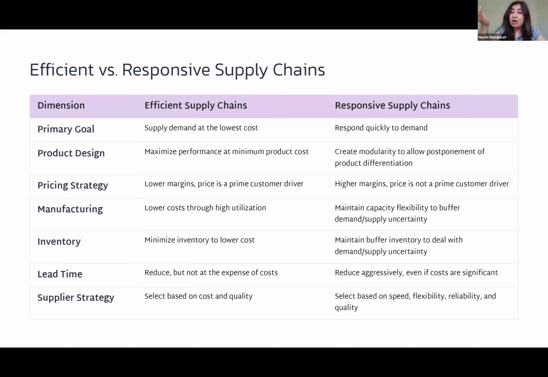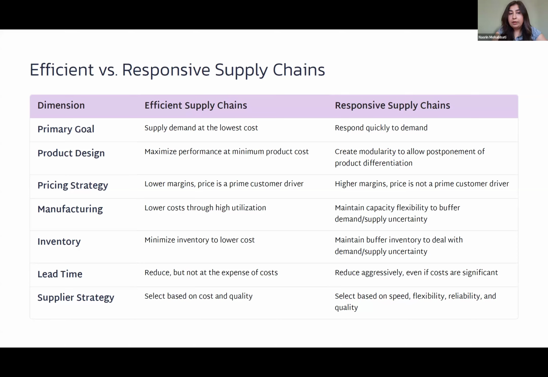So if the demand is up, they have the extra capacity to run more and build more products. If the demand is low, they don't have to run all their manufacturing centers, and they can basically work with the demand uncertainty. Obviously, keeping some part of manufacturing capacity unused increases the cost. But responsive supply chains do offer higher prices because they offer this kind of flexibility.